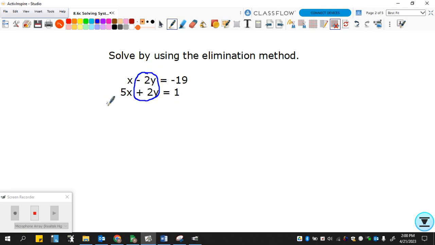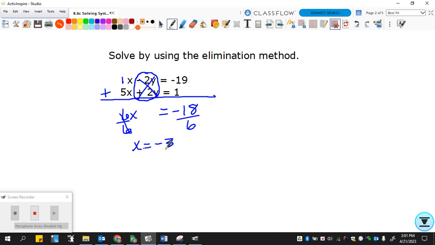So if we add those, remember this is a 1x, the negative 2 plus 2 cancels out. So we end up with 6x is equal to negative 18. And then we divide by 6, and we find out that x is equal to negative 3.